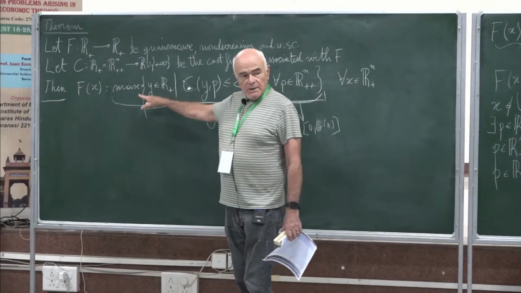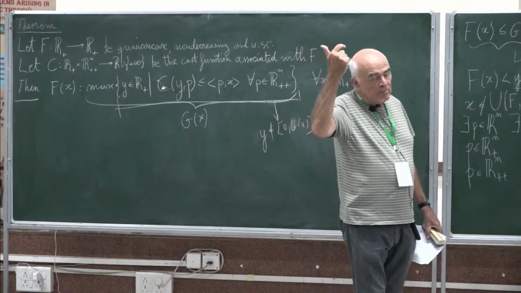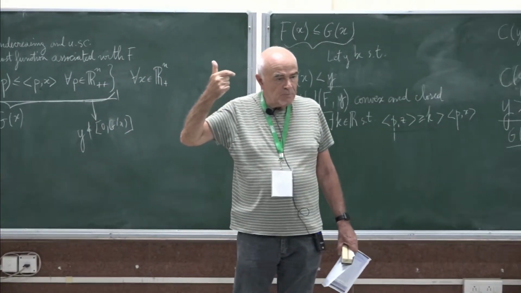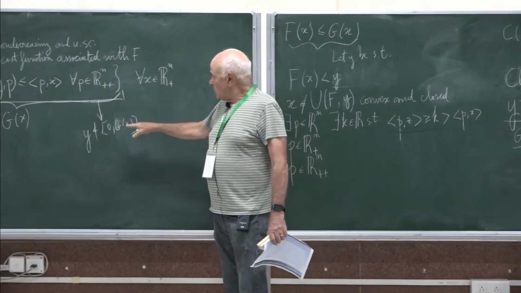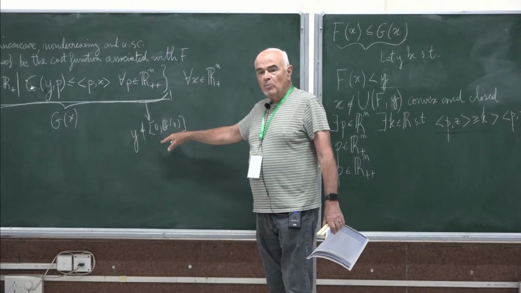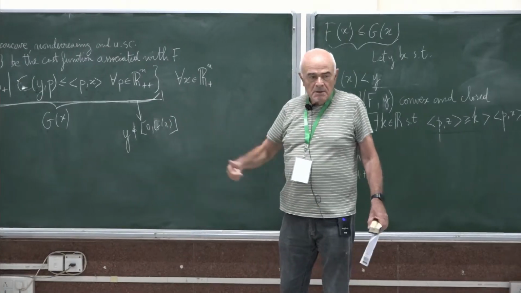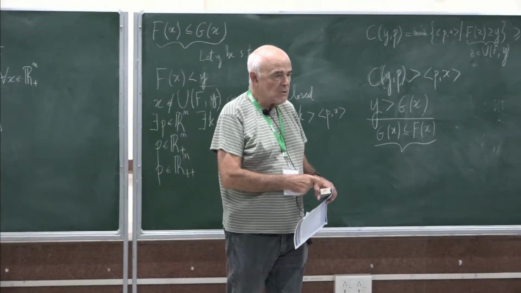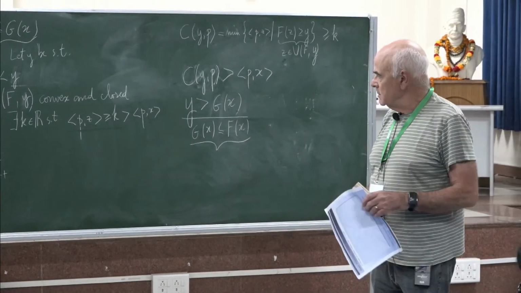I mean, we saw that this set is an interval. In principle, it might be unbounded, but we proved that it is bounded and it is closed. And it contains 0. Then it's of this type, 0 to the maximum. And the maximum we are calling g of x. So y is larger than g of x. Now is it clear? Okay. Thank you.